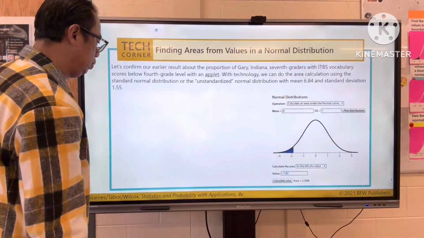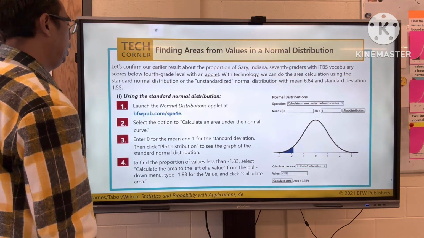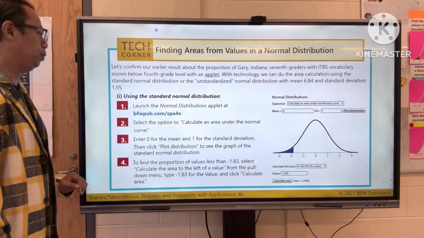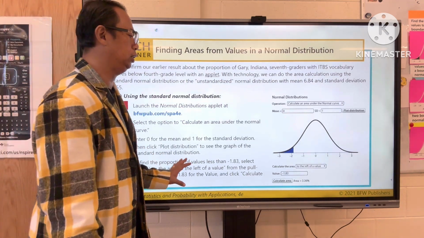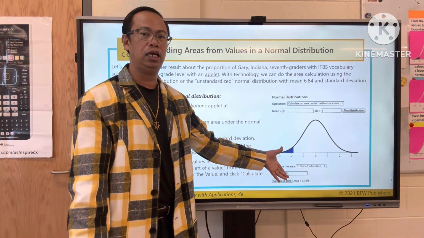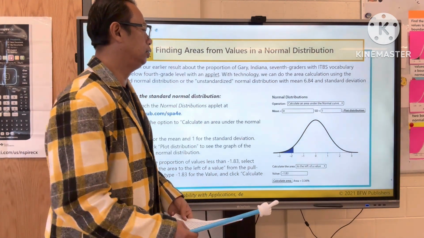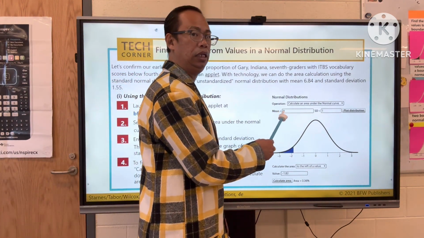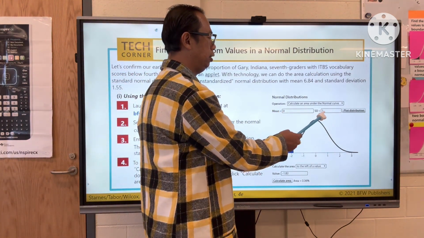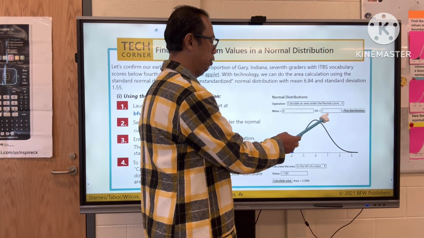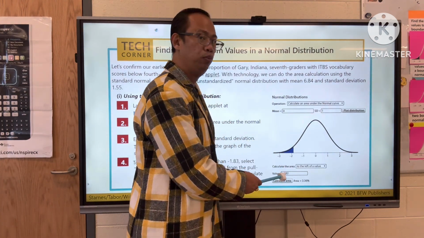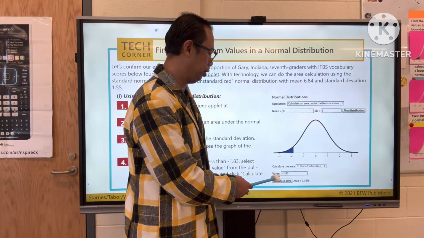That's the same, no? So in BFW Pub, you can also use this and plot this data, no? So don't be confused, because in here, the mean is 0, and then the standard deviation is 1, no? And then you put negative 1.83 on the value.